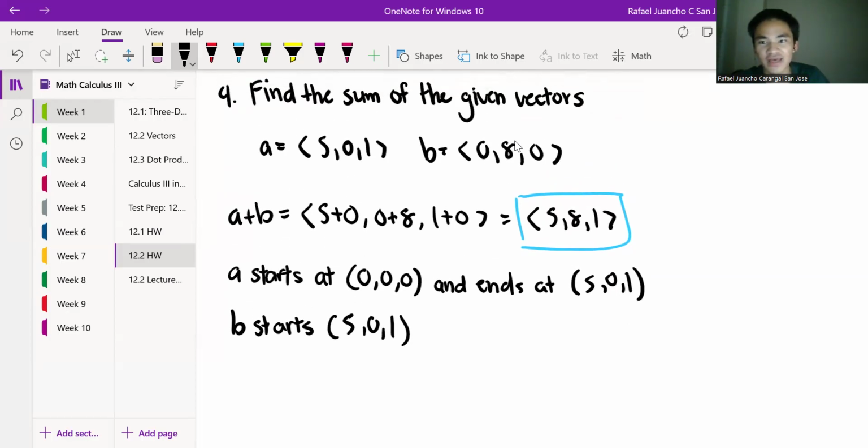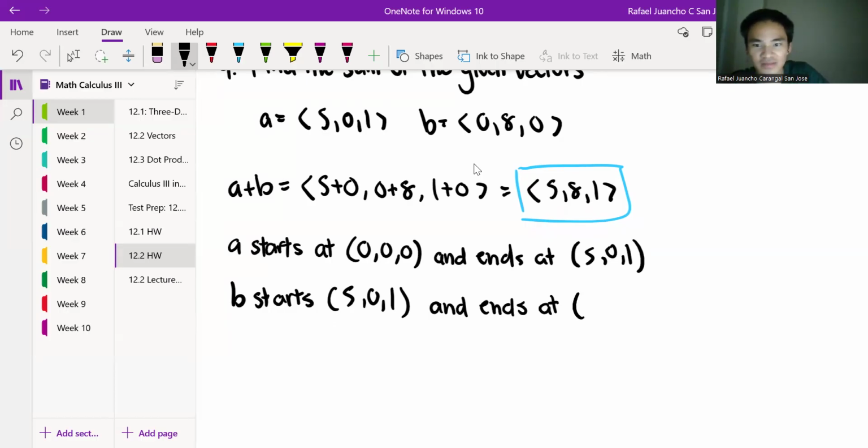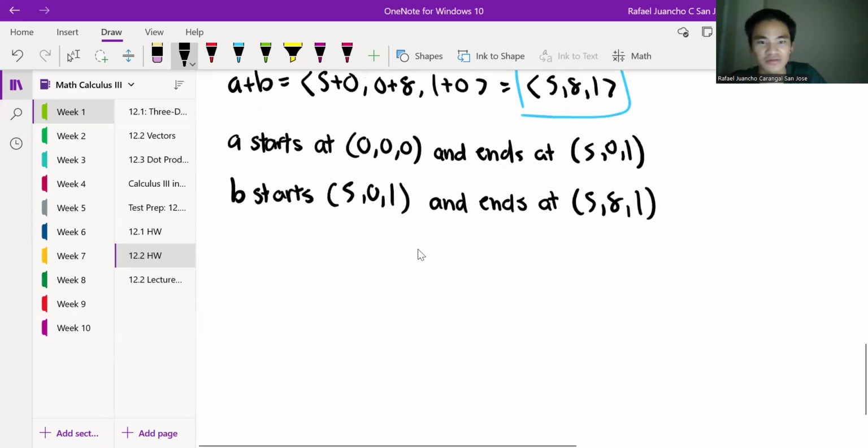And now it should end when we add A plus B, right? Because we have to add 5, 0, 1 to the B thing, the components of B. So 5, 8, 1, right?